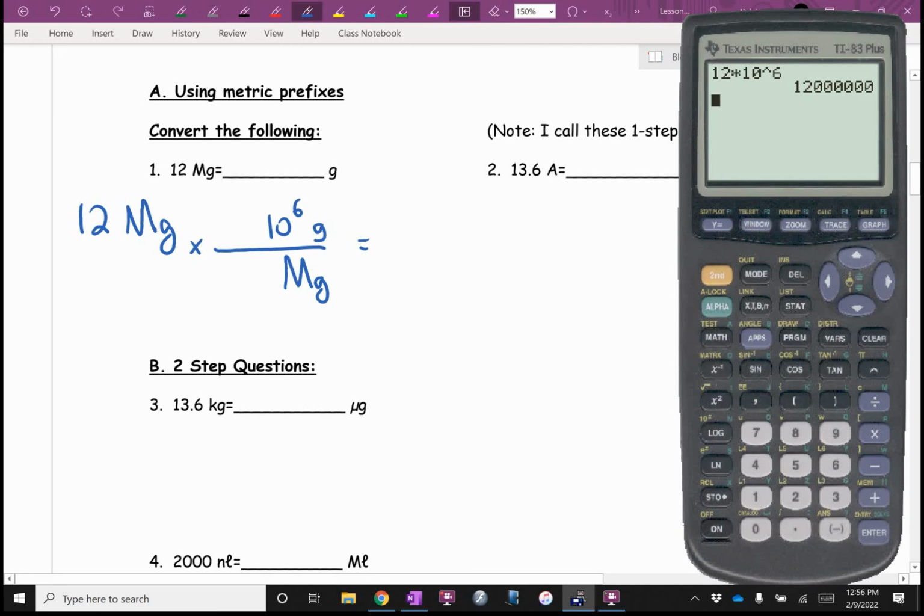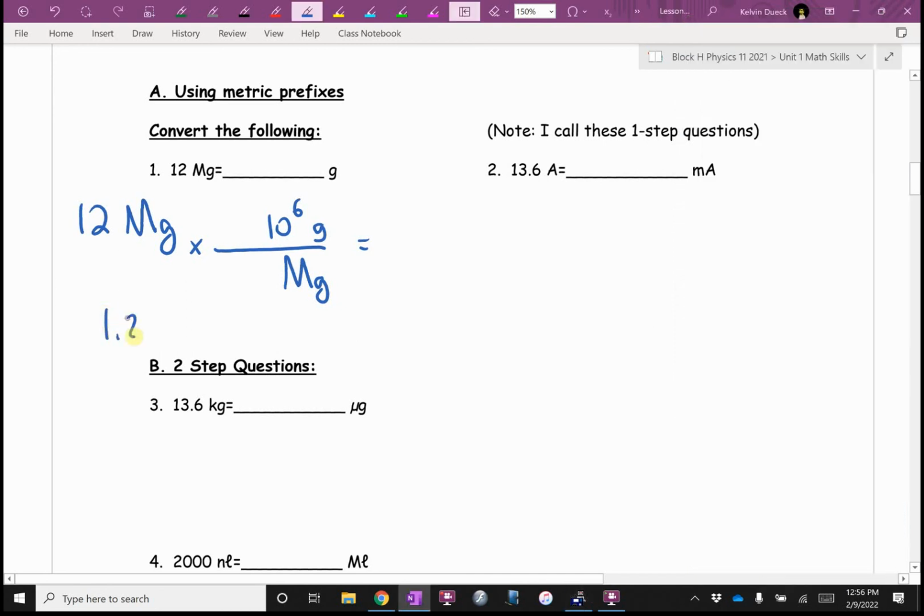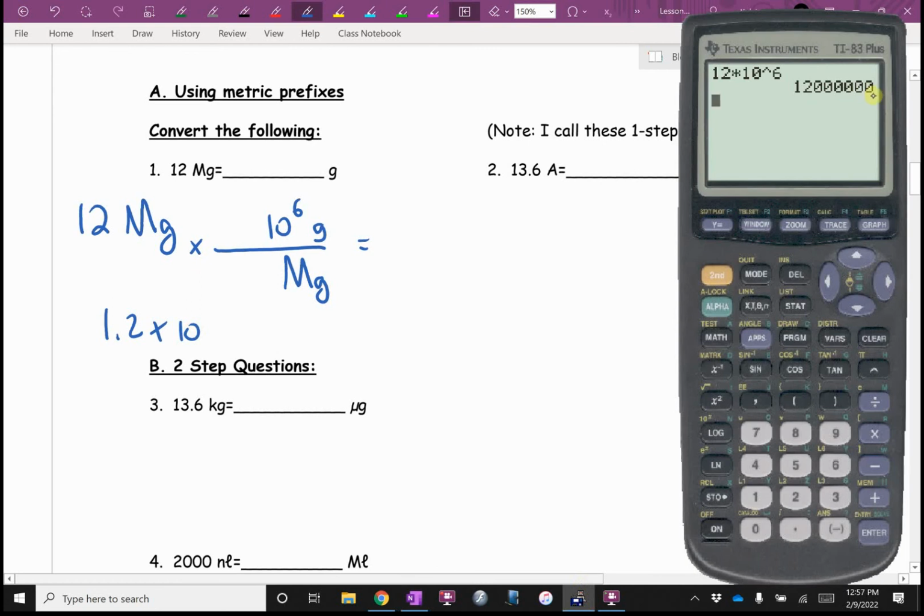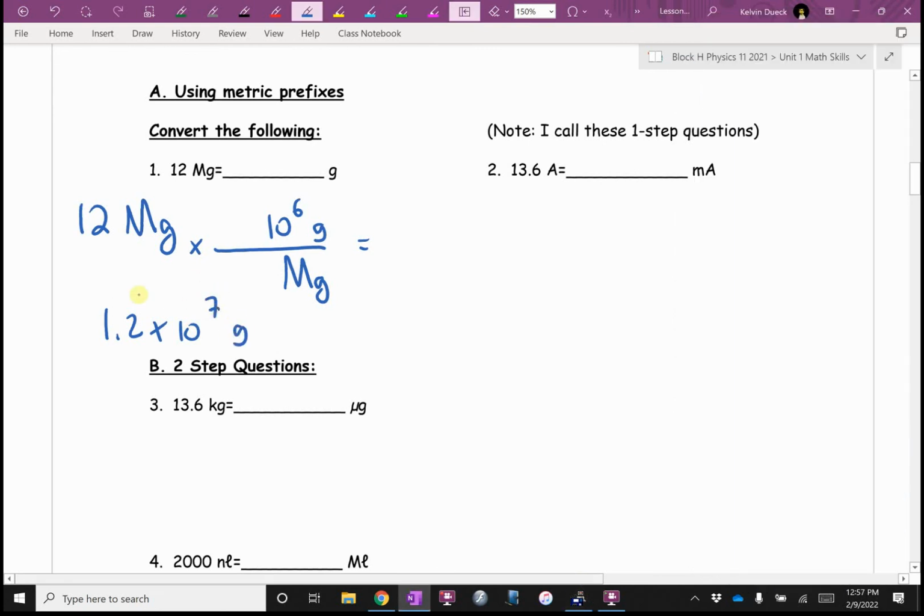It's going to be 1.2 times 10 to the, I don't think 6, 7 grams. 12 megagrams is 1.2 times 10 to the 7th grams.